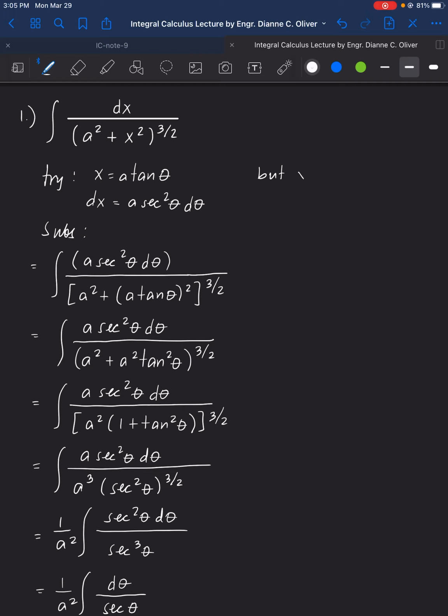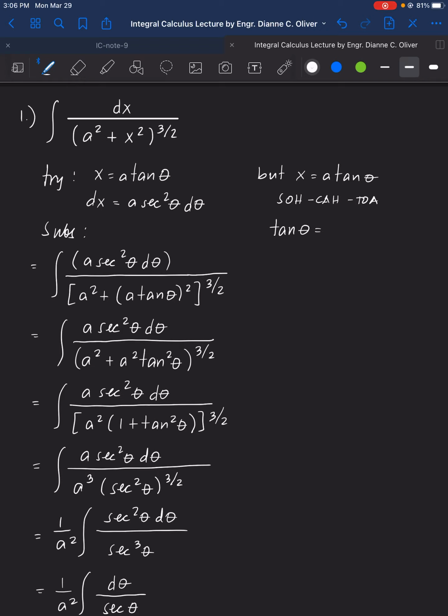But x is equal to a tangent theta. And in SOHCAHTOA, remember, we are dealing with tangent. When we are dealing with tangent, that means tangent theta, O means opposite.